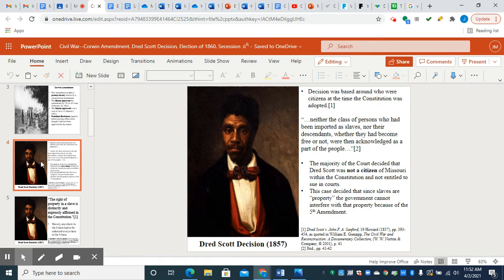The third branch is the judicial branch, or the branch dealing with the federal courts and a Supreme Court. Now, what these courts and the Supreme Court were for was to deal with constitutional issues, such as what if the United States made a treaty with another country, but that treaty came into contradiction with one of the laws of the United States?